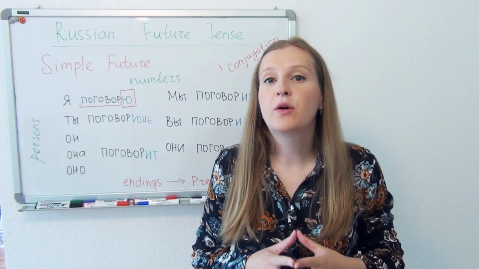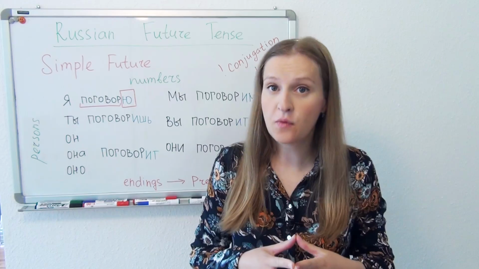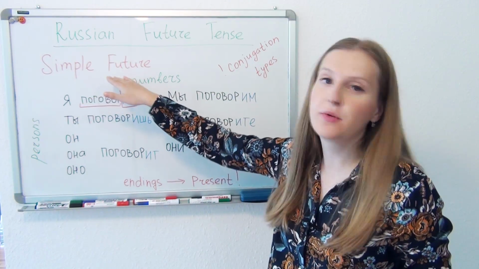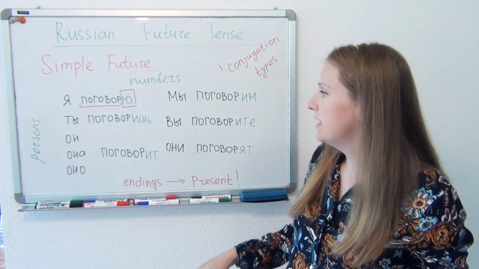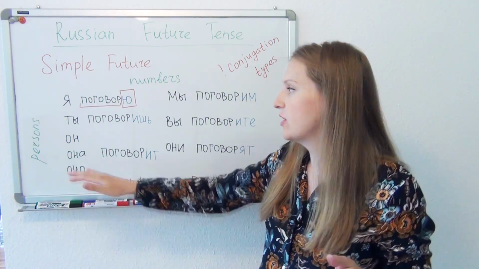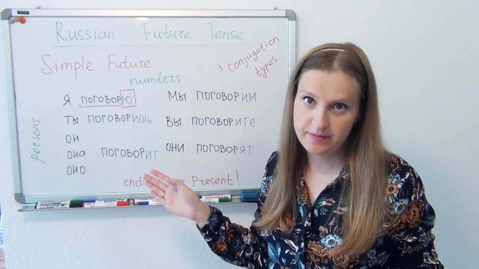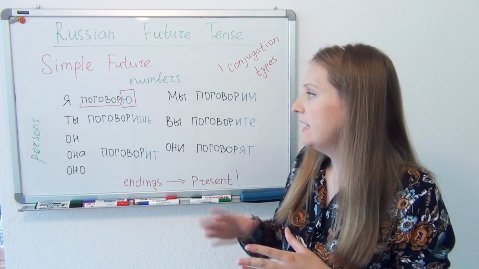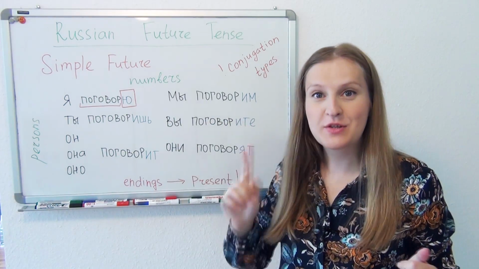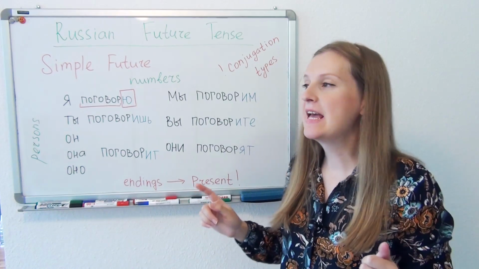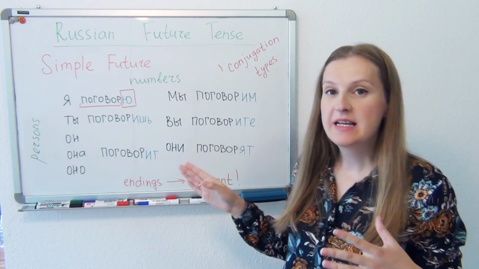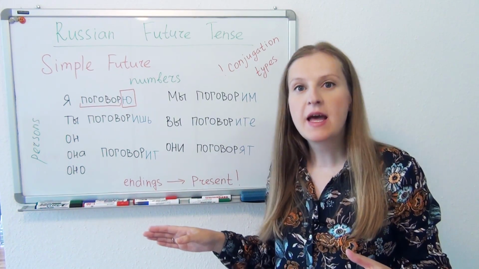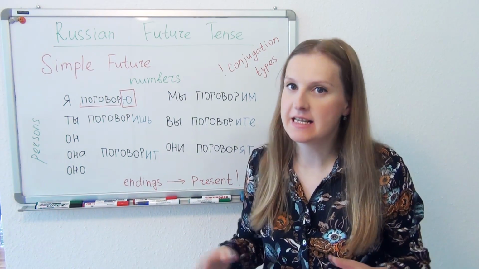Now we're going to talk about the way future tense is formed in Russian. So, first let's focus on the simple future form. Here, we should take into consideration persons and numbers. So, we deal with conjugation of verbs. And what's important and what's interesting and what makes it easier is that we use the same logic, the same rules as we use for present tense forms.